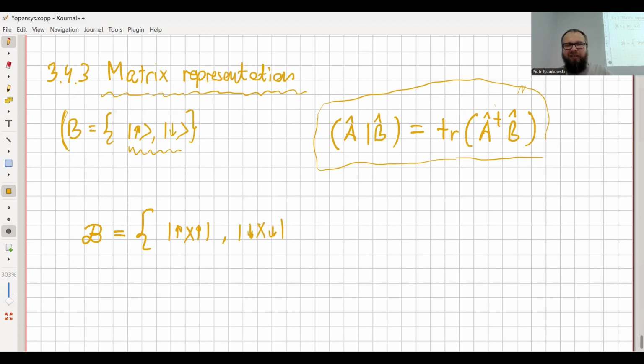So that would be a projector on the up state, a projector on the down state, but you can also have a coherence like this, and its Hermitian conjugate. So this is the first choice. If you don't have any other ideas, this is how you can construct a basis for your operator space.